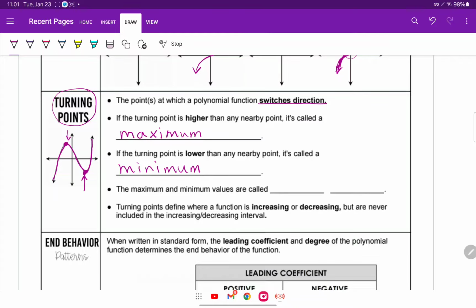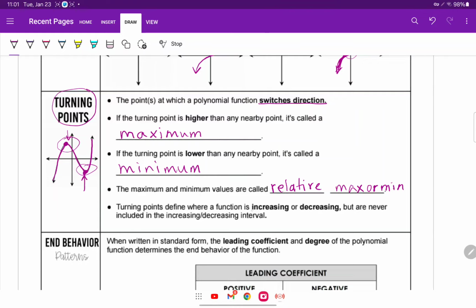And so when we look at maximum and min values on polynomials, they are called relative maximums or minimums. And that just means it's relative to the points around it. So it's the highest out of the points that are nearby, or it's the lowest out of the points that are nearby. Could also be called local maximum or local minimum.